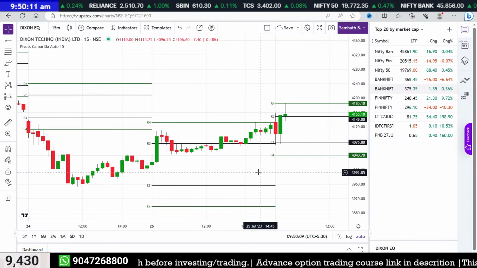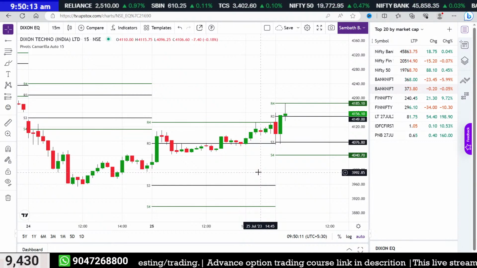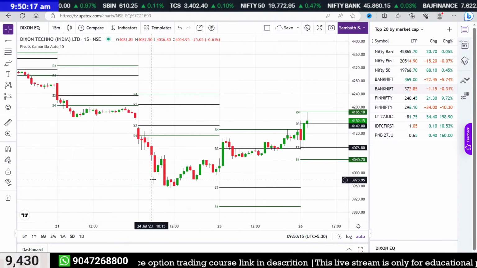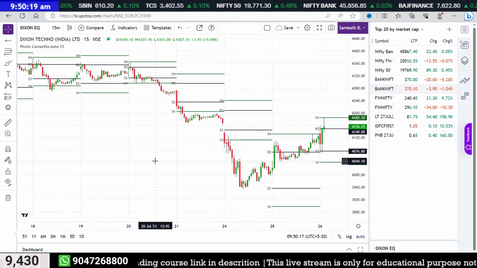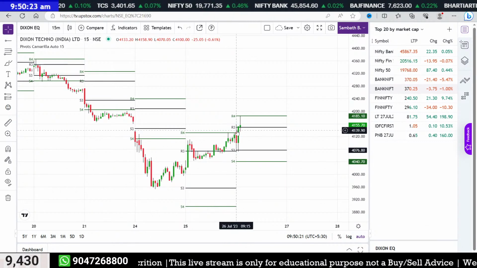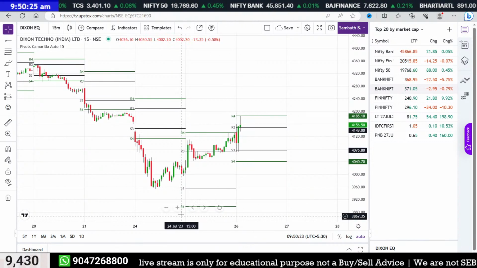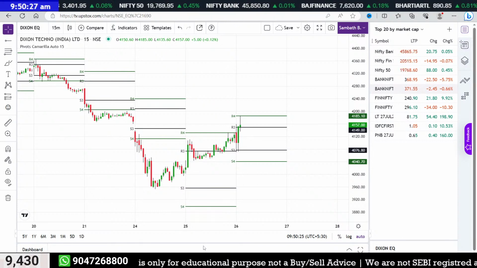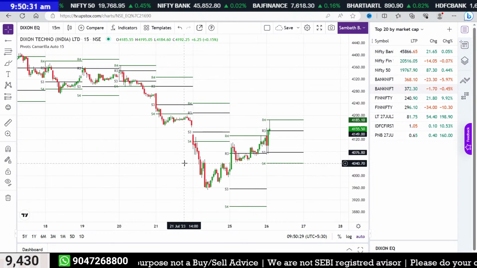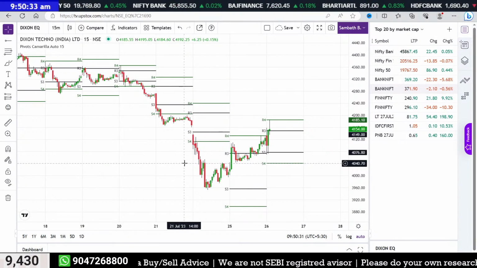The first candle is negative, the second candle is positive, and the third one gave you the breakout. And already it gave you such an opportunity in Dixon. Yeah, that should be the stock. Positionally, you can try to buy at this level around 413, and the same level is also possible. And you can wait as a positional one, maybe a positive move can be expected on this particular stock.